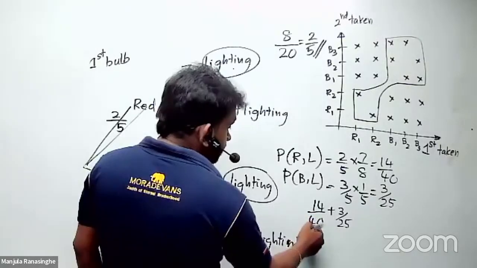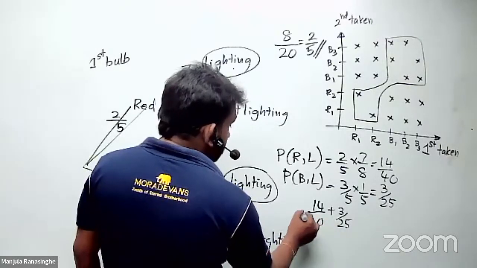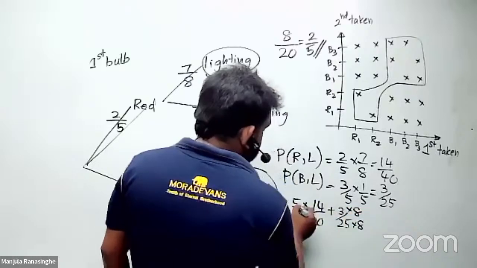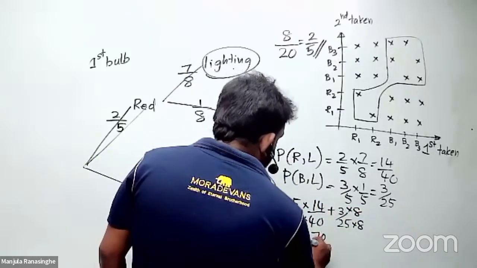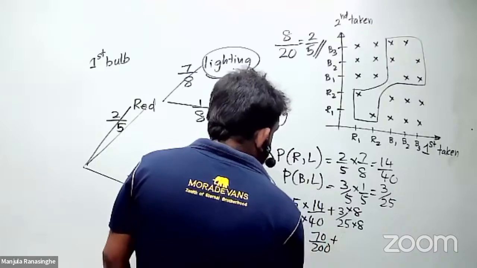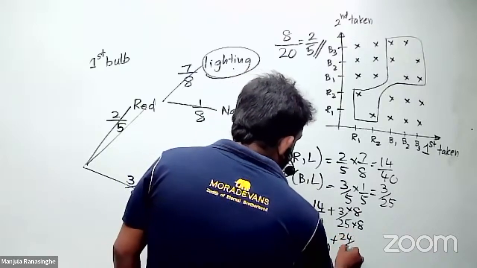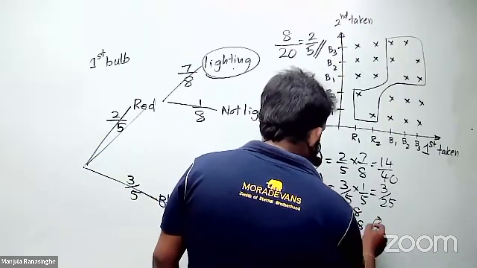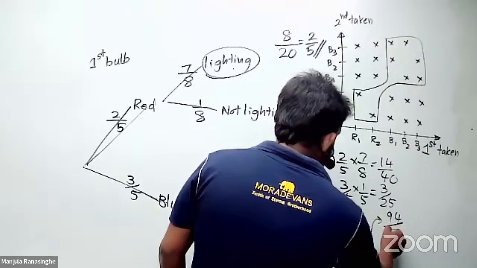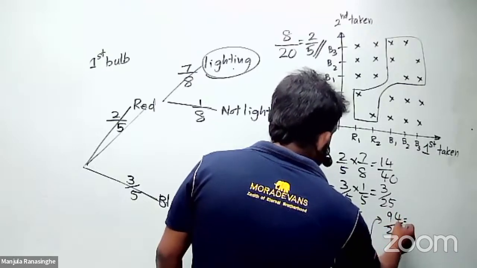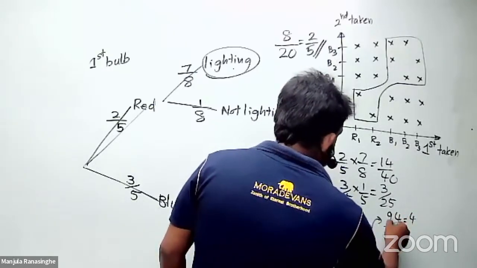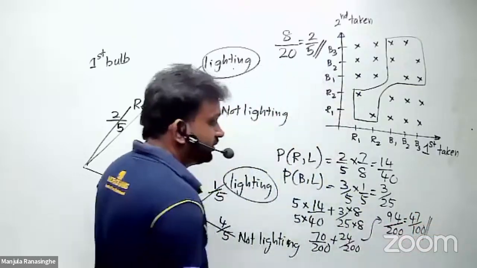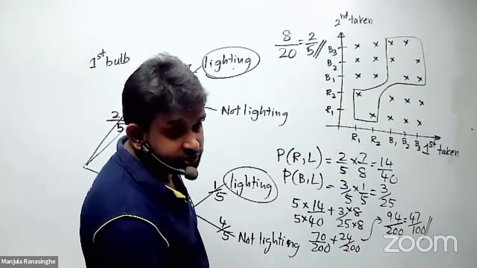How? So we multiply this by 5 and here we can multiply by 8. So here it becomes 70/200 plus here 24/200. Then altogether it gives you 94/200, and further you can simplify by 2. 47/100. So that is the probability. Final probability. A good question.